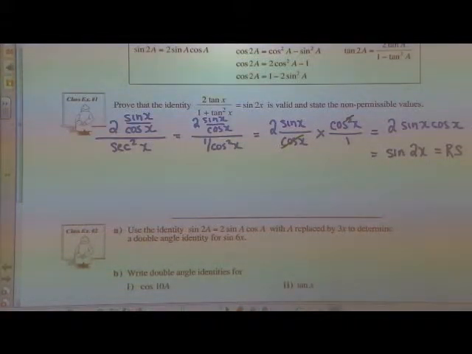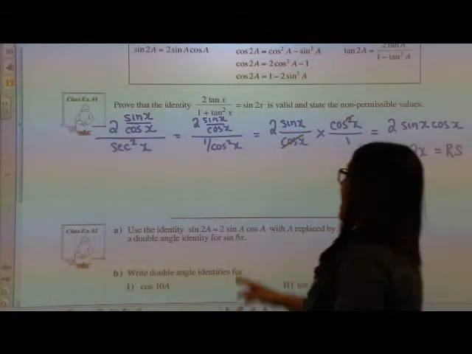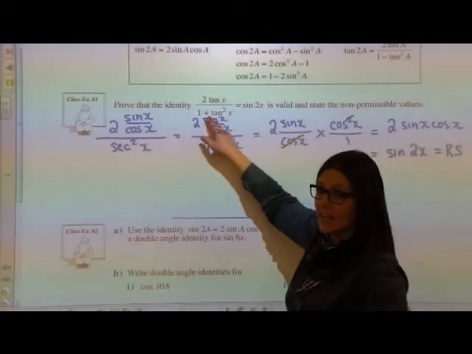So remember, if we go back to those hints of doing proofs, the biggest hint, which tends to be one of the more useful ones, is as much as possible, try to change things into sine and cos, because they tend to be the more common identities that you see throughout. But look for things like a Pythagorean identity.